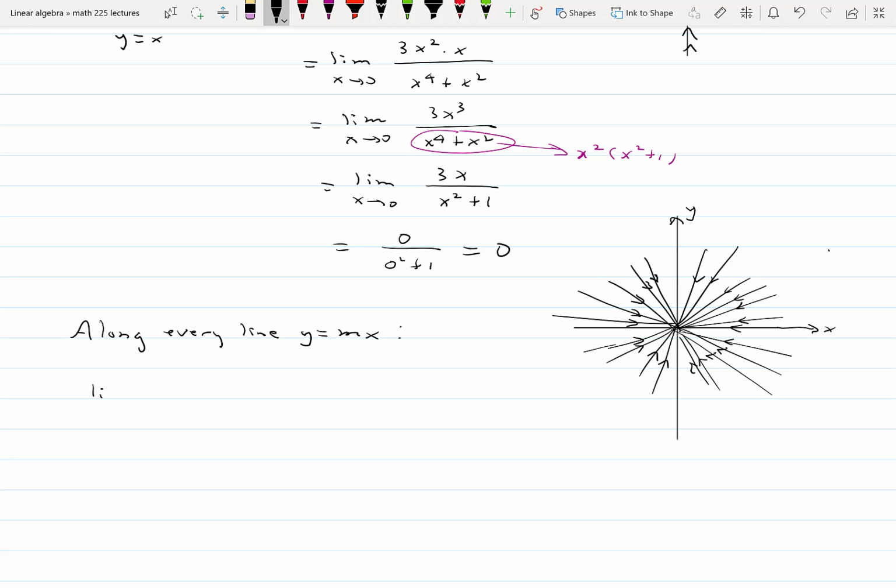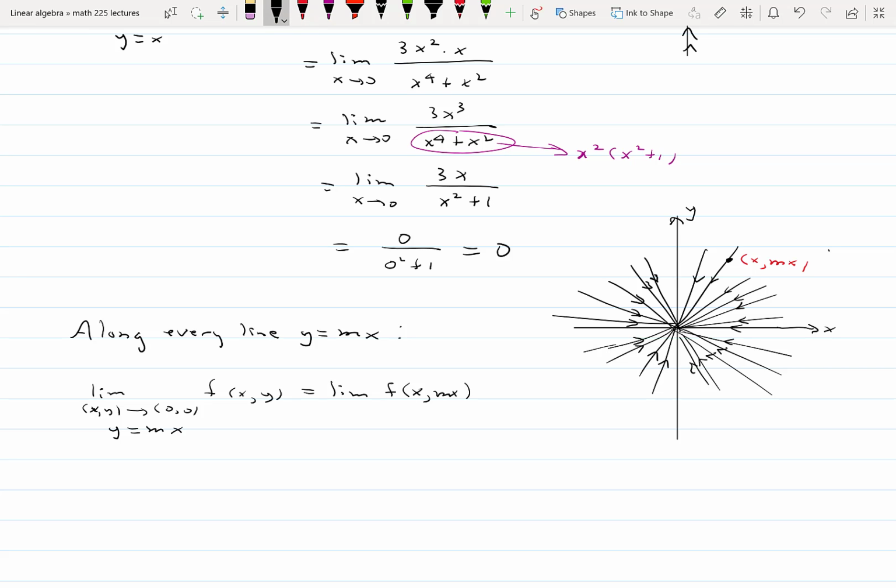So let's do it. Let's take the limit as x and y approach the origin along every possible line y equals mx of f of x, y. Well, that will be the limit of the value of the function at what point? At the point x, and what's the y value? mx. So on a typical line over here, here's a red point, x comma mx.